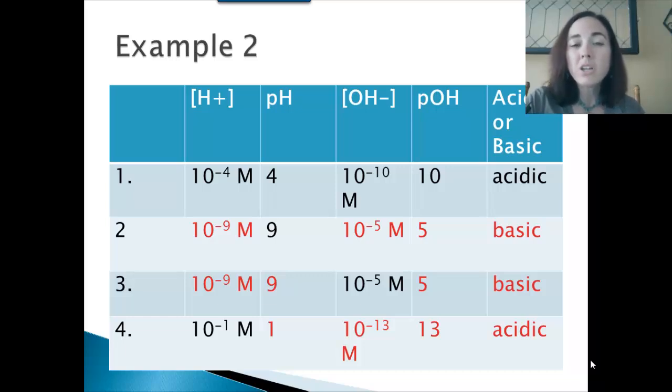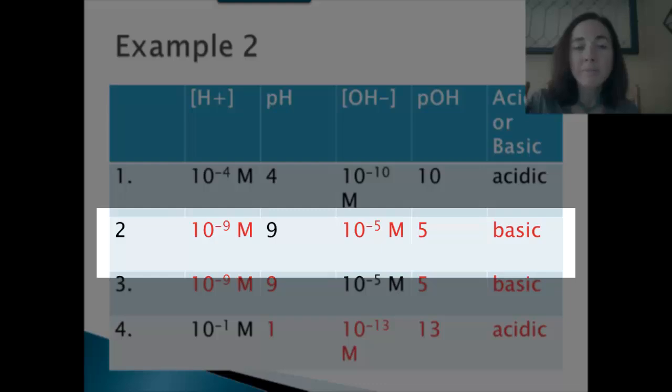Now we're going to go through each one of these. The numbers in black are given to you in your table, and the numbers in red have been calculated. So the first one that's here for us to work out is number 2. They give you the pH is 9. If the pH is 9, the hydronium ion concentration is 1 times 10 to the minus 9th molar.